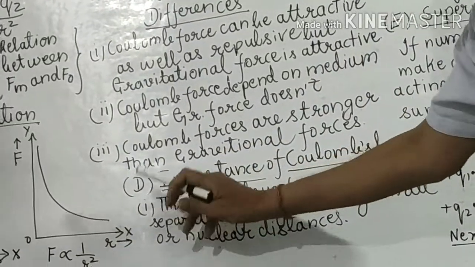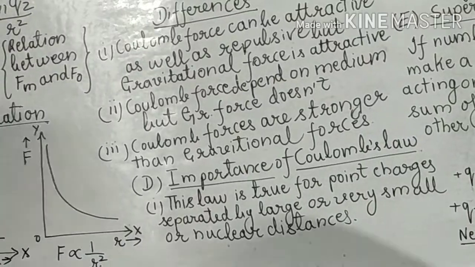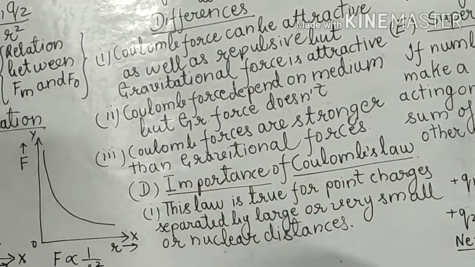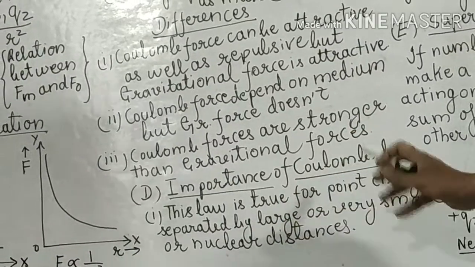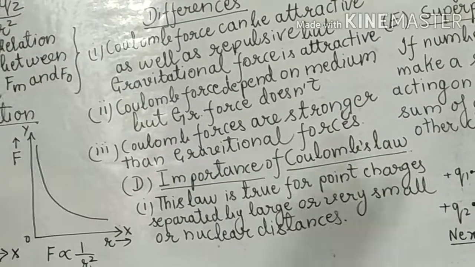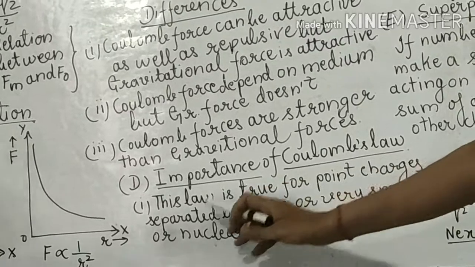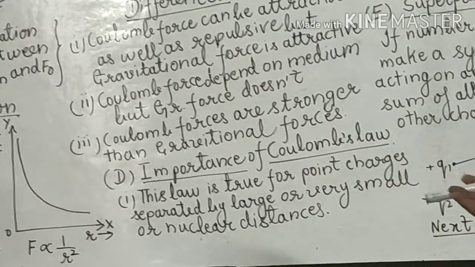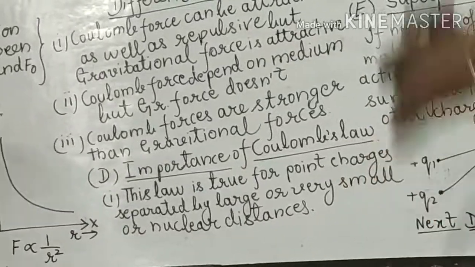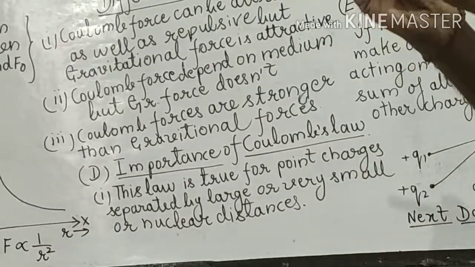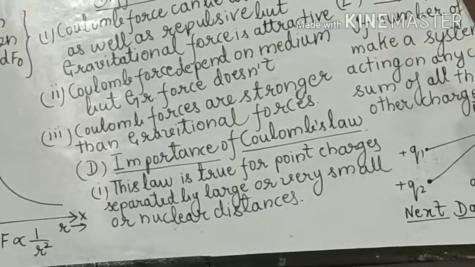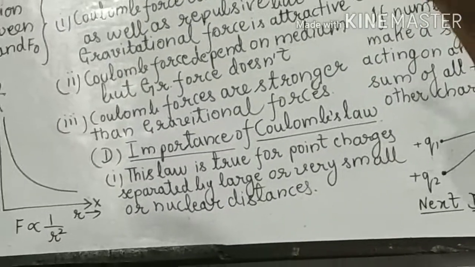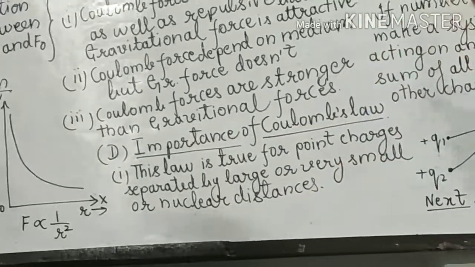Then the D part, importance of Coulomb's law. The first importance is that this law is true for point charges separated by large distances, or very small distances, like two protons or protons versus electrons in an atom. So that distance is very small.